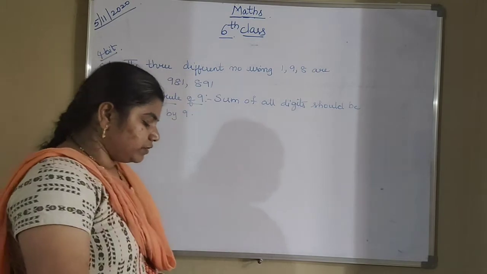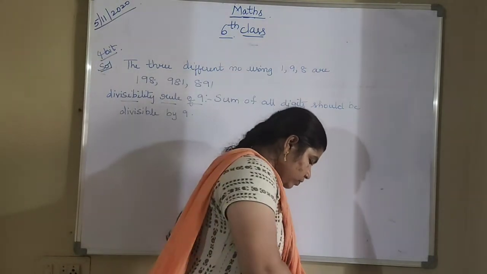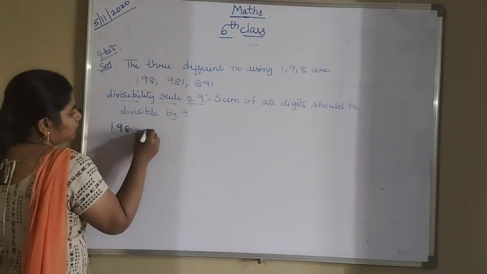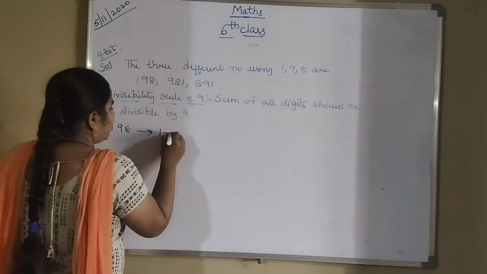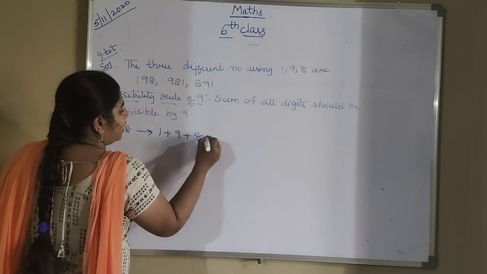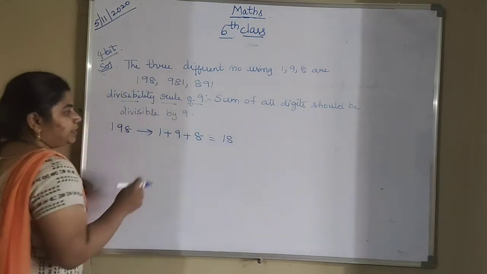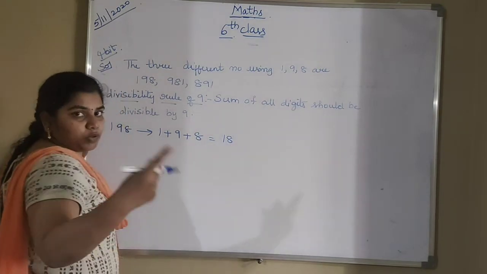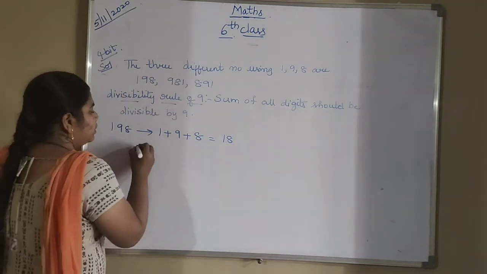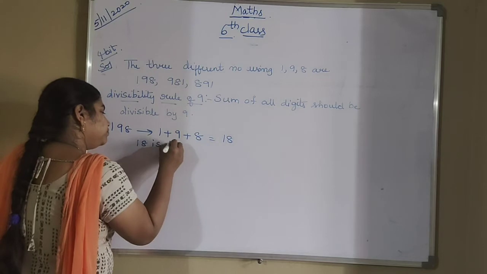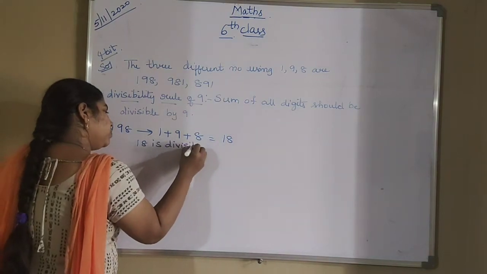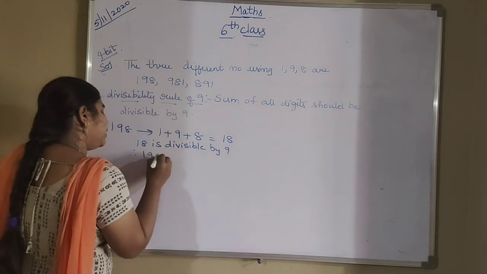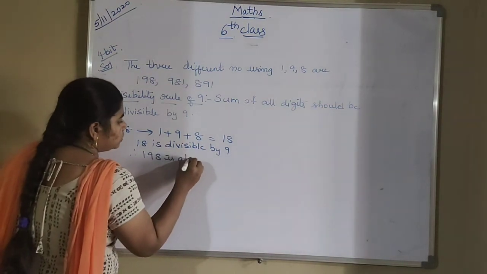So whether they are divisible or not, you will check. So first number I am applying here. So add all the digits. 1 plus 9 plus 8 equals 18. 9 plus 1 is 10, 10 plus 8 is 18. So 18 is a multiple of 9, so it will be divisible. So 18 is divisible by 9. Therefore 198 is also divisible by 9.